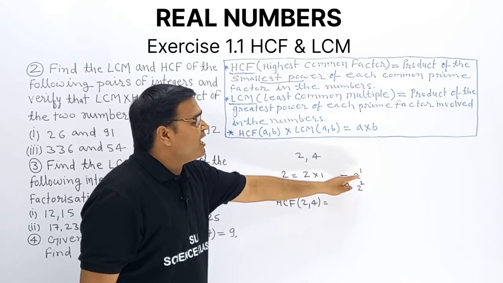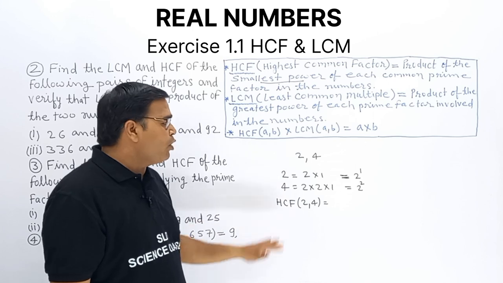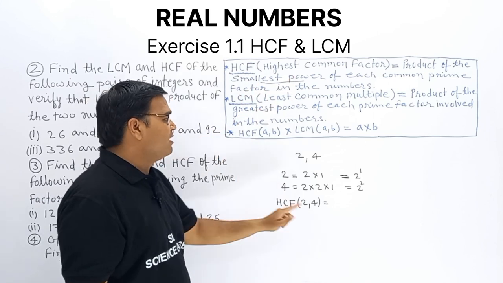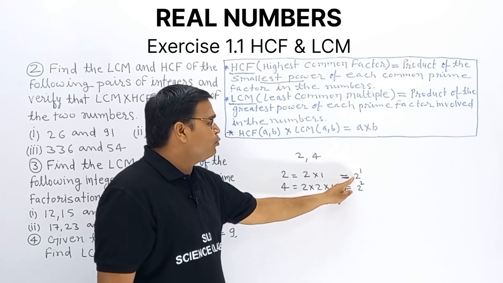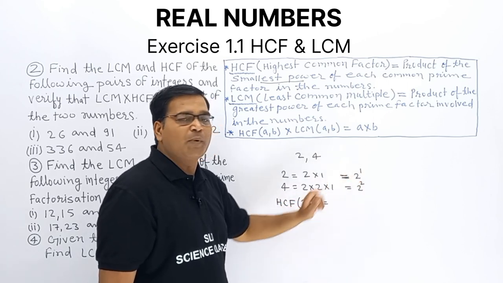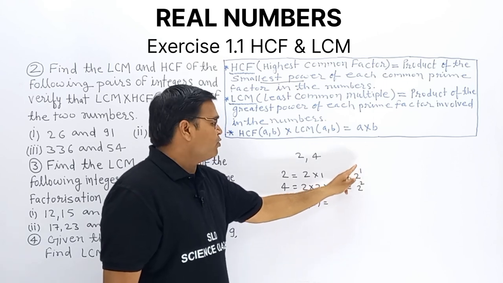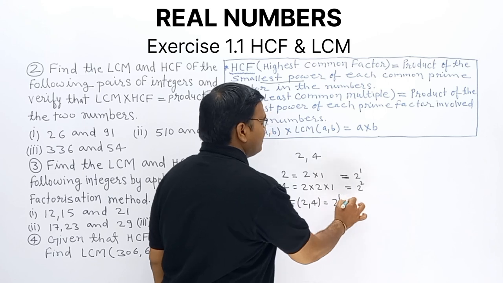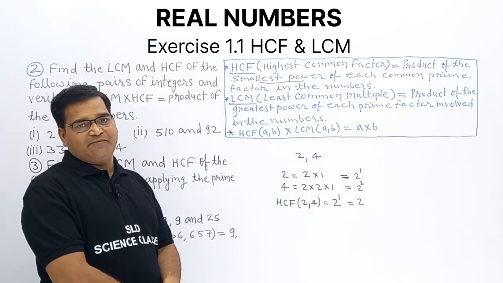So 2 is in both, it is common, and we will use the smallest power. 2 power 1 is smaller than 2 power 2, so the HCF is 2 power 1, or finally 2.